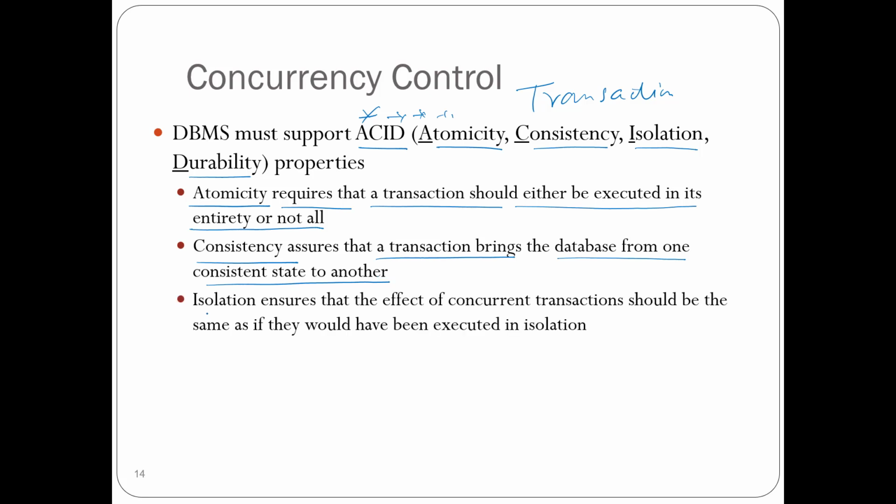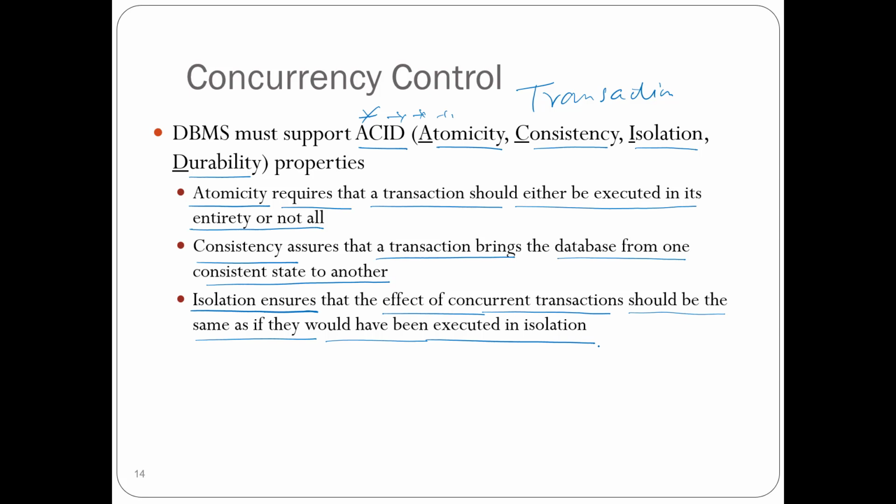What is isolation? The isolation property ensures that the effect of the concurrent transactions should be the same as if they would have been executed in isolation, right? So in isolation we won't have any problem.